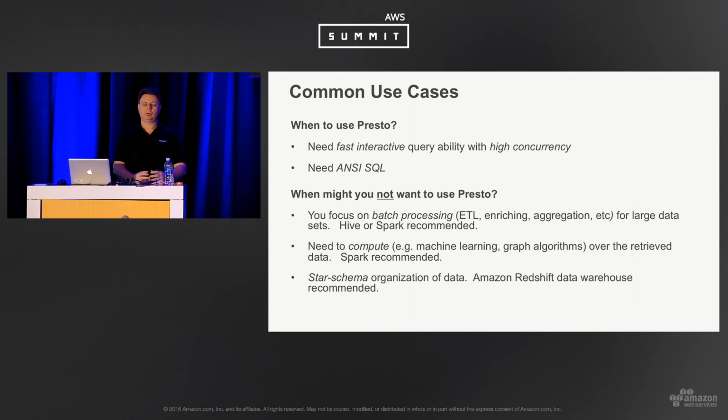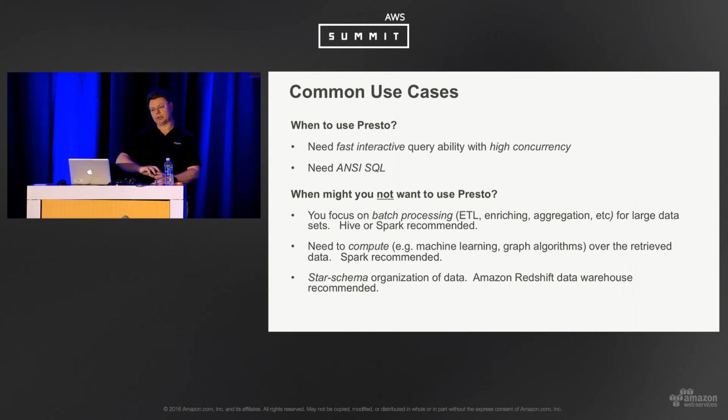Also, if you're going to do more than just query the data with SQL, if you're going to actually take the results of that query and then run some computation over it, Presto will not do that. Presto does have functions, it even has some user-defined functions, but its real strength is in the SQL querying capability. It gets you the data.